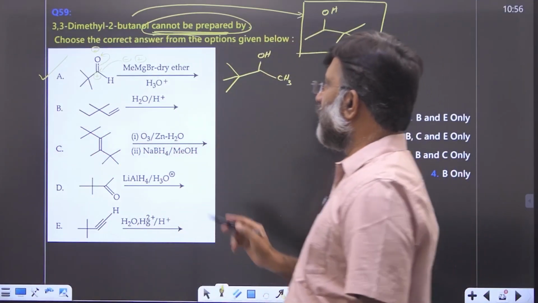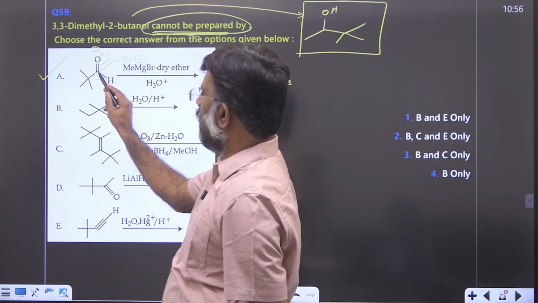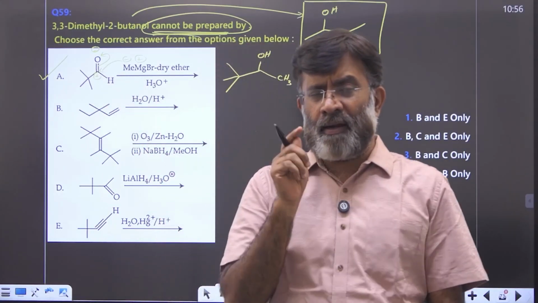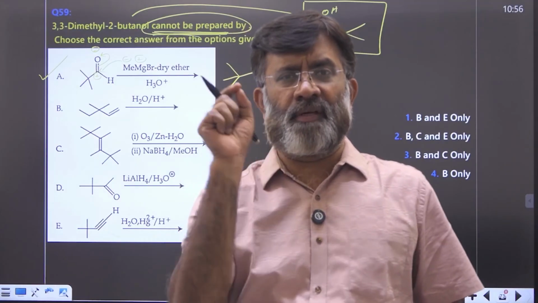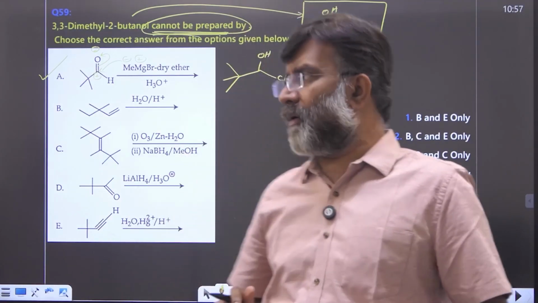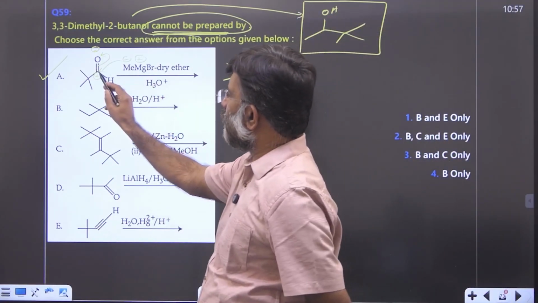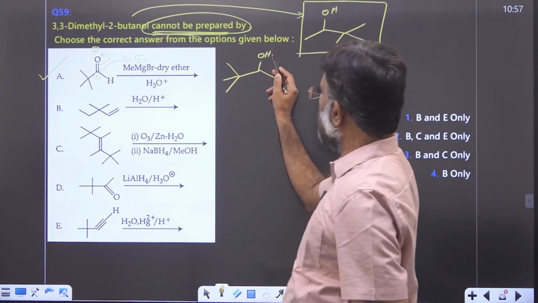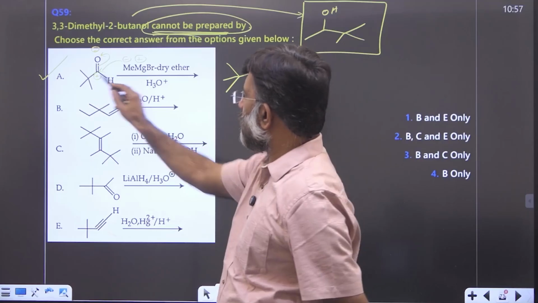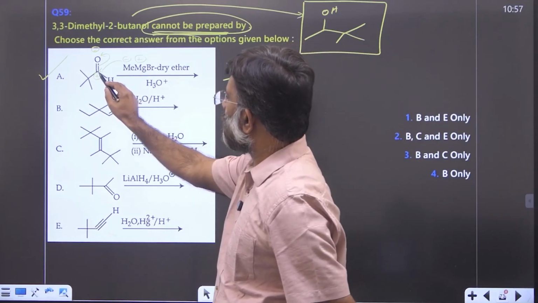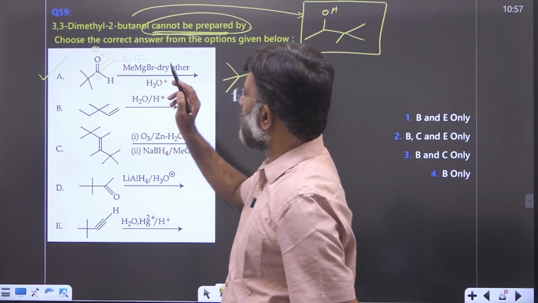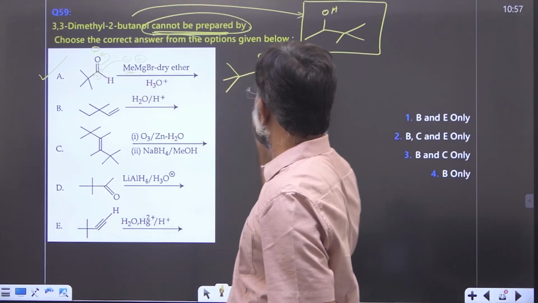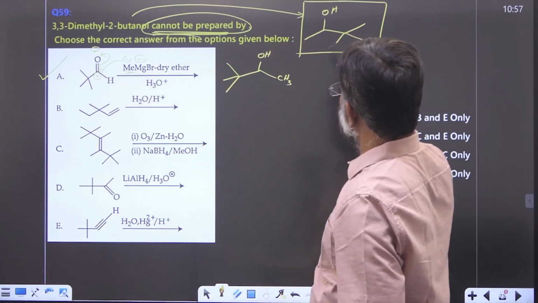How does it give it? The Grignard reagent adds on this aldehyde system, and you know, higher aldehydes when treated with the Grignard reagent give a secondary alcohol. This CH3 group will come here, and this O minus will become OH by capturing a proton.